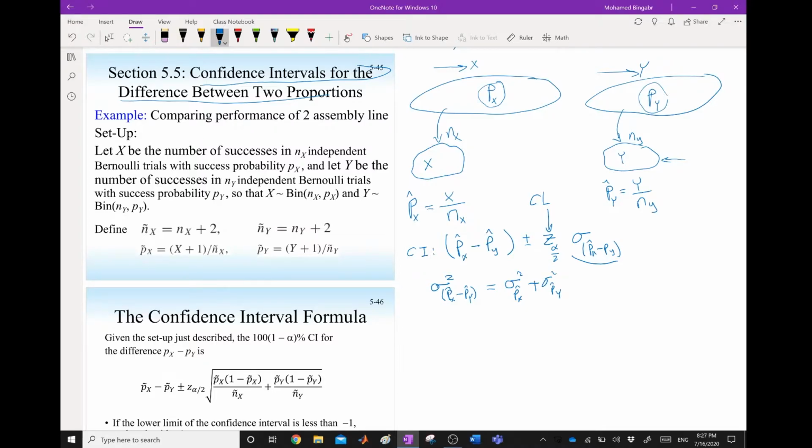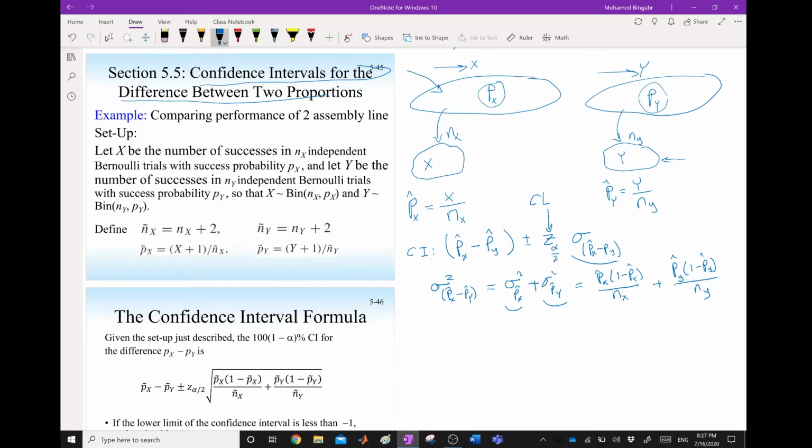As we said before, when you have x plus y or x minus y, the variance is always going to be the variance of x plus the variance of y. This is a Bernoulli trial, so the same thing we learned in chapter 2: px times 1 minus px divided by nx, and for this one, py times 1 minus py divided by ny.